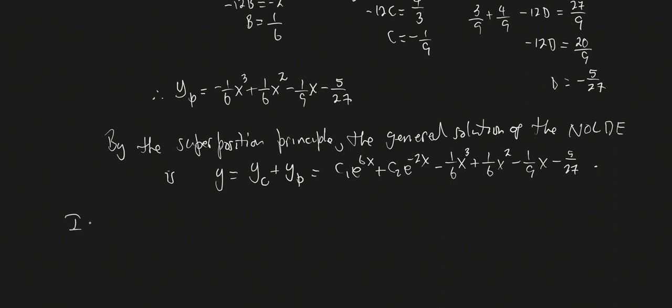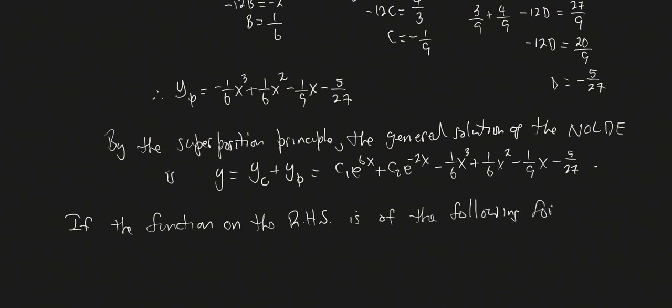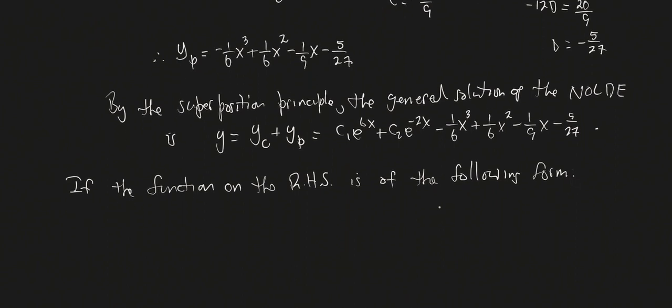So if the function on the right-hand side is of the following form. So let's try to write those down a little bit more generally. So if you have something like a e to the kx, right?